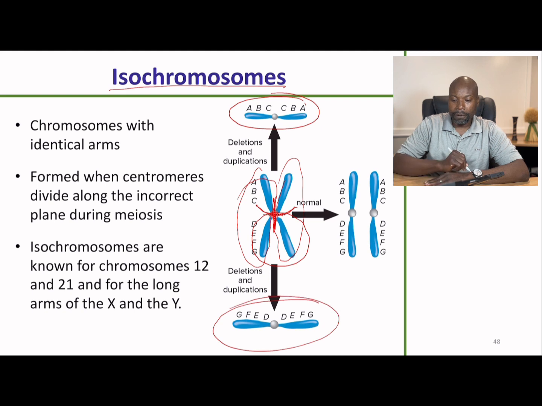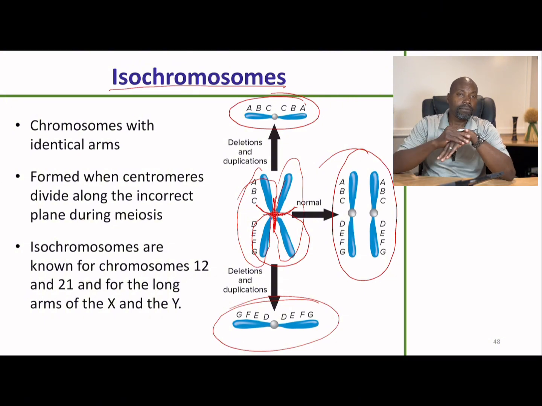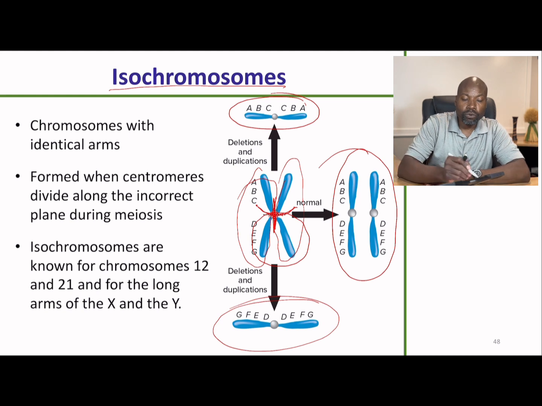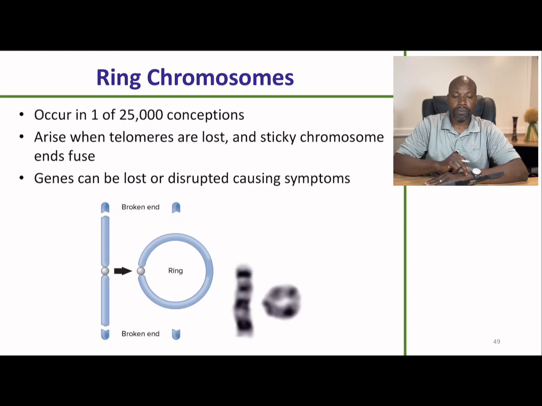That's what you have here, okay? Or you can be in a normal situation right here, right? So how the chromosomes are separating during cell division is going to play a very important role so that you can have isochromosomes. So different forms of the same chromosome.